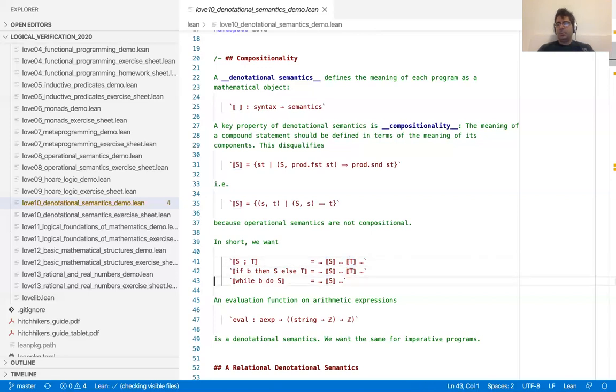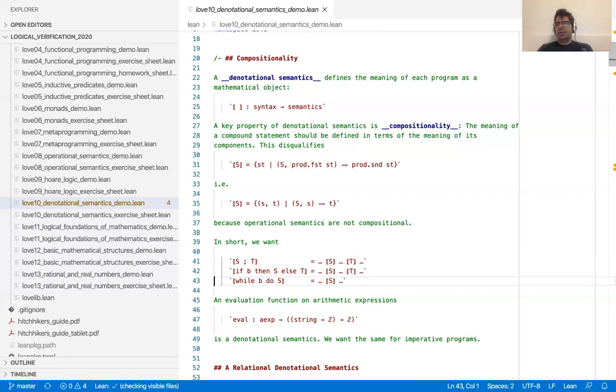That's the goal. Whereas with operational semantics, it's a big spaghetti. It's like a goto program, if you know what that means. And here we want something very clean, mathematical, where we can analyze a program piece by piece, and look at semantics of the different pieces in isolation and combine them together.